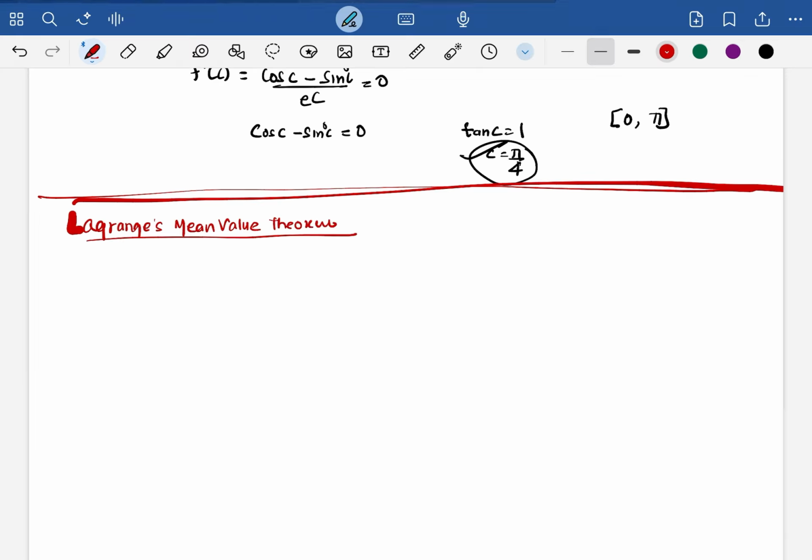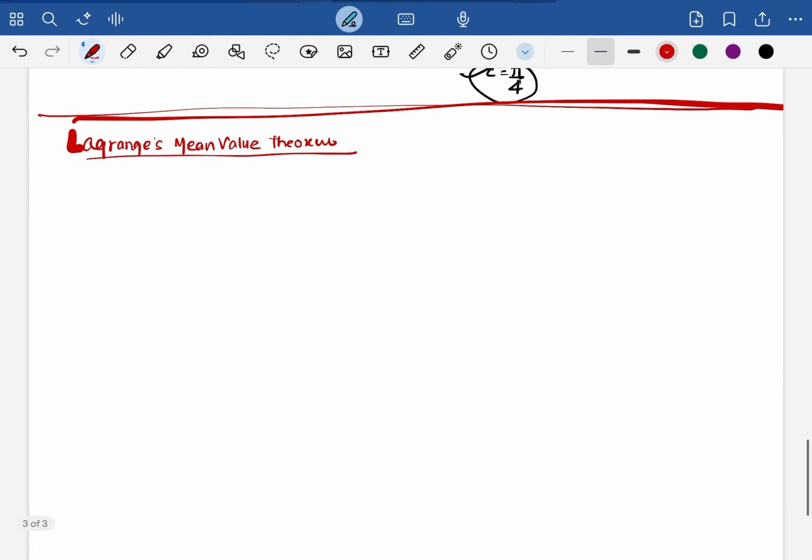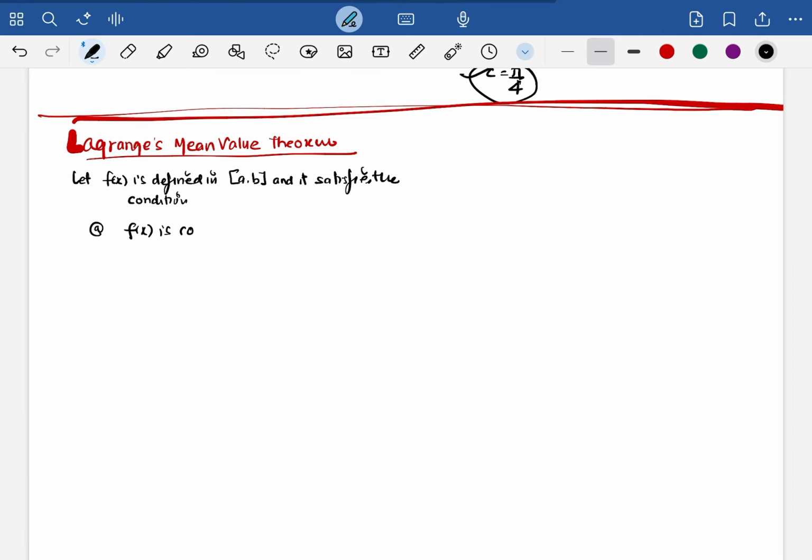Okay, what's the theorem? Let me write it for you. Let f(x) be defined in the range a to b and it satisfies the following conditions. The function should be continuous.